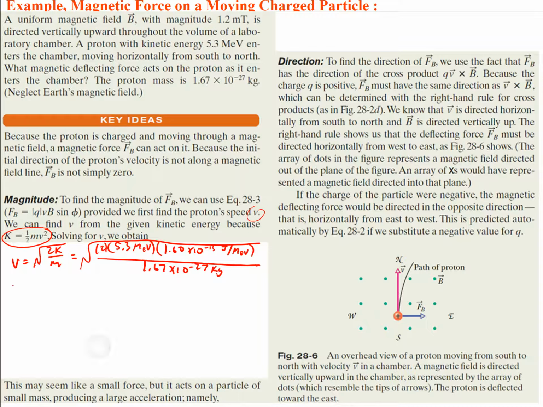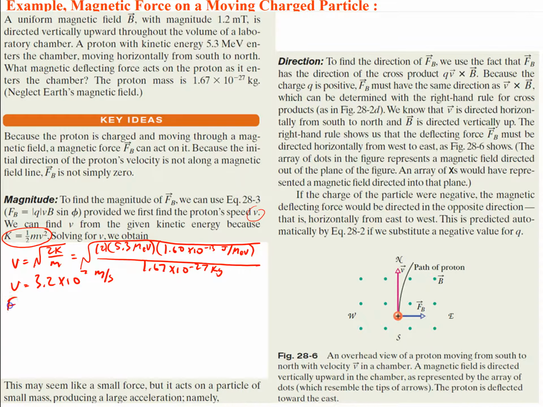The value that we get for this velocity is going to be 3.2 times 10 to the 7th meters a second. So this particle is moving pretty quickly. Now we want to find the magnetic force on this particle.